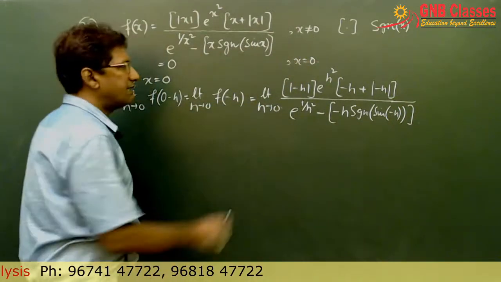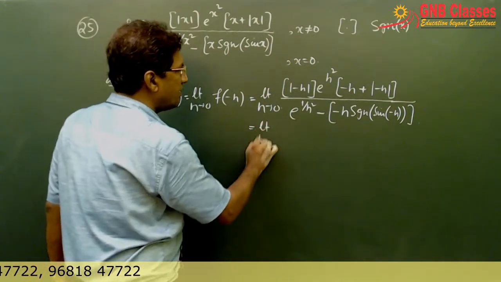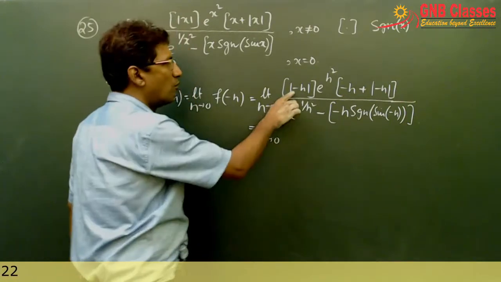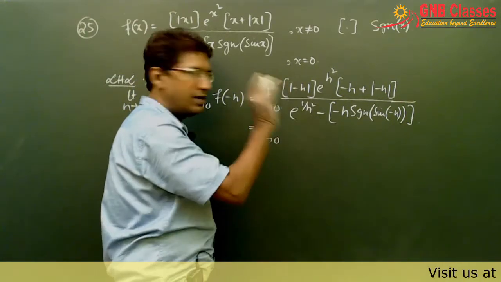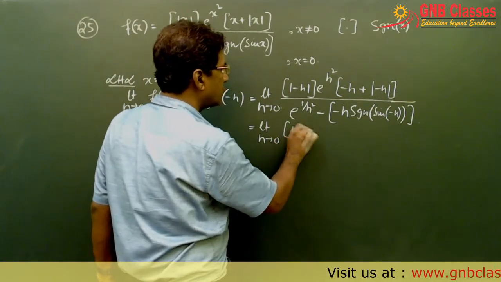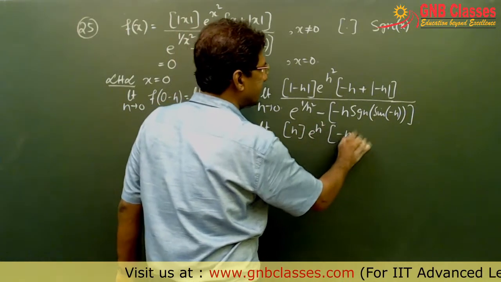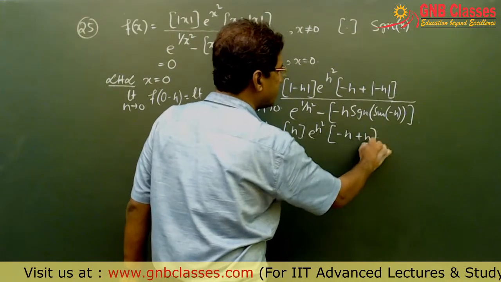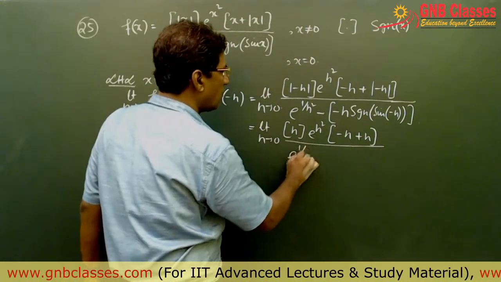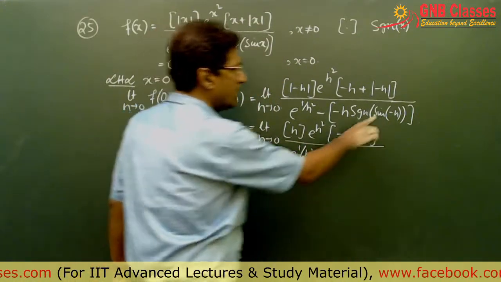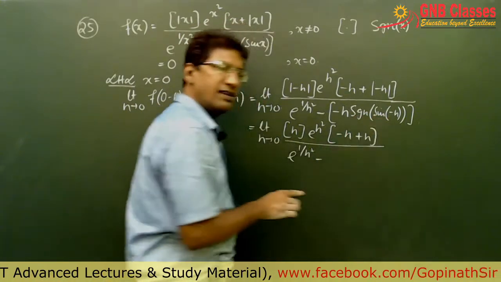Is it clear? Now, limit h approaches 0, mod of minus h is nothing but only h. So minus h, this will be plus h, divided by e to the power 1 by h squared minus signum of sine minus h.